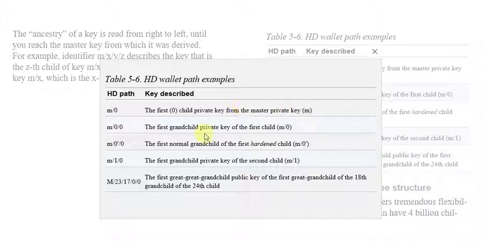HD path, key described. m/0: the first, 0, child private key from the master private key, m. m/0/0: the first grandchild private key of the first child, m/0. m/0'/0: the first normal grandchild of the first hardened child, m/0'. m/1/0: the first grandchild private key of the second child, m/1.